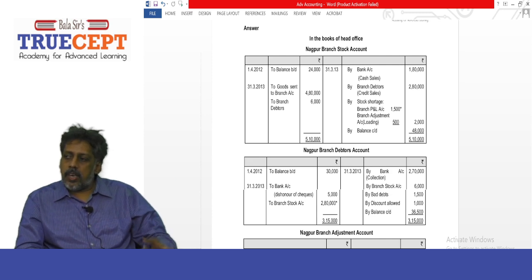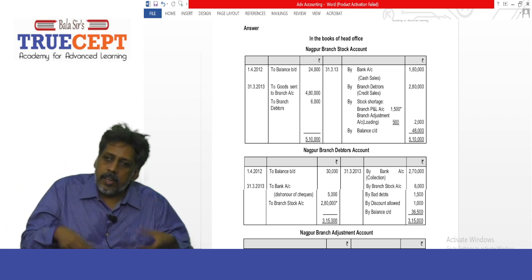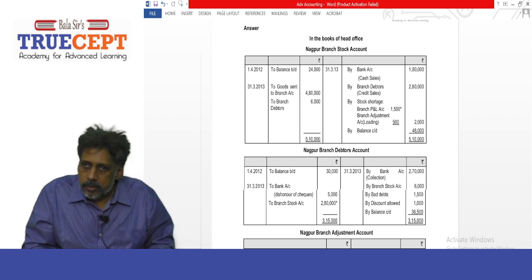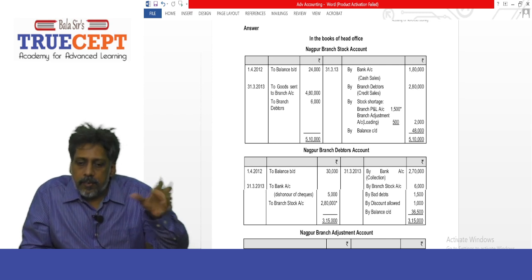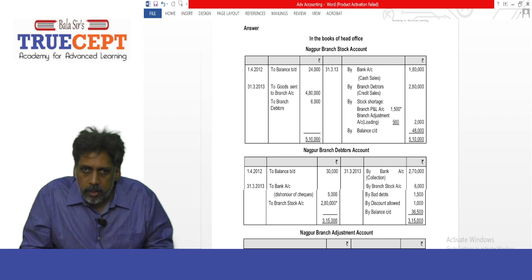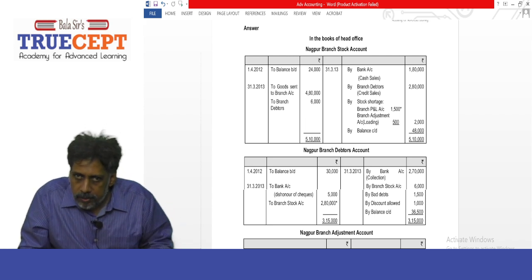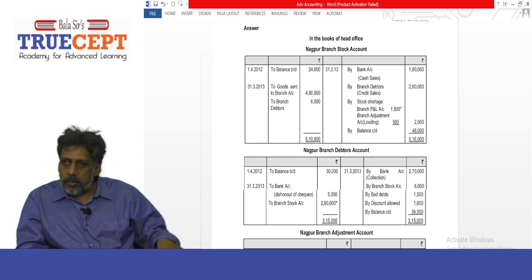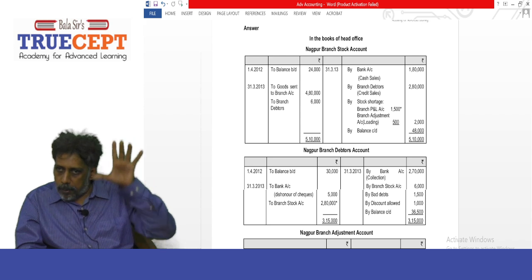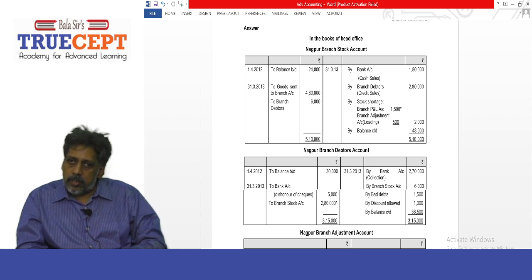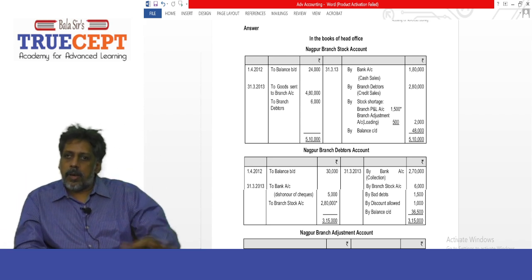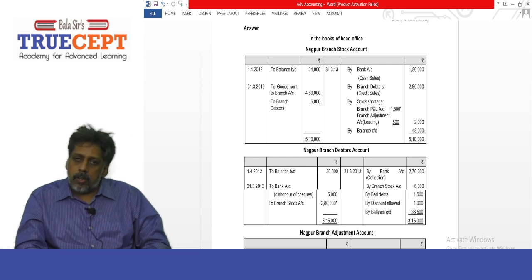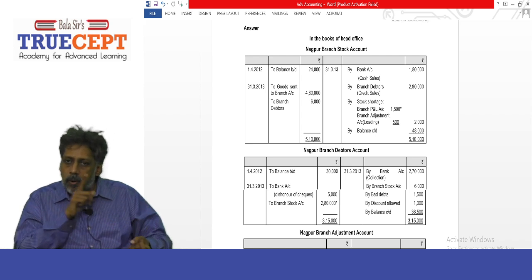That means I can say rupees 2,000 worth of goods were lost by theft, pilferage, some shortage maybe. Therefore, it's an abnormal loss. But the point is, since all entries are made at invoice price, this 2,000 will represent the invoice value. So on this 2,000, what is 1/4? Rupees 500 is your loading.